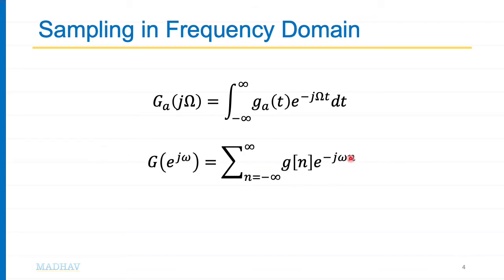And for g[n], the transform is the DTFT, discrete time Fourier transform, G(e^{j omega}). Now the question is, in the frequency domain, how do they relate? So what is the relationship between G_a(j Omega) and G(e^{j omega})? Right, so to answer this question, we have to take a long journey. Let's start that.